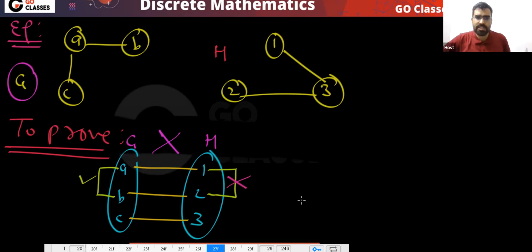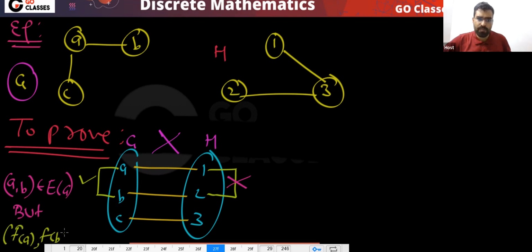So edges are not preserved. AB belongs to E of G, but F of A, comma F of B does not belong to E of H. So A, comma B have a dialogue between them, but their corresponding characters don't have a dialogue. So this bijection will definitely not work.